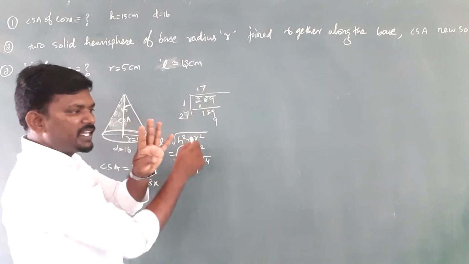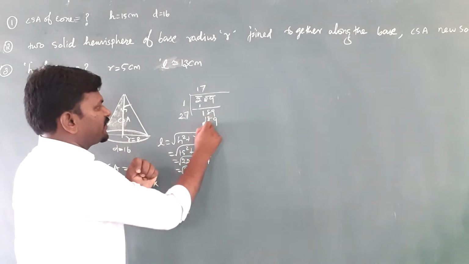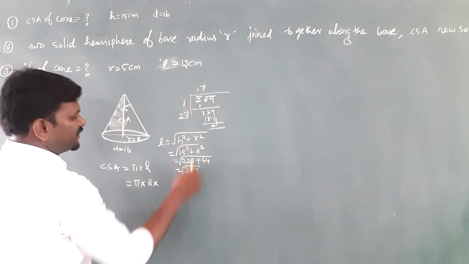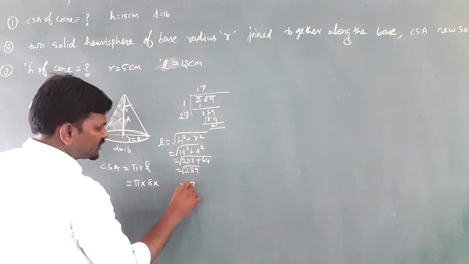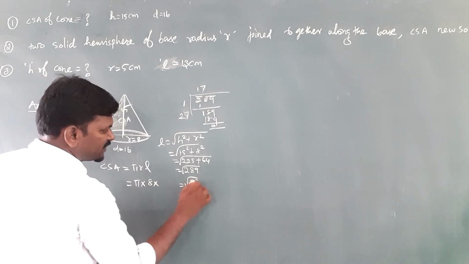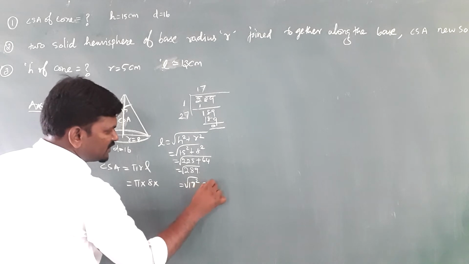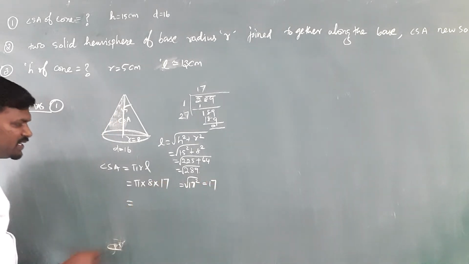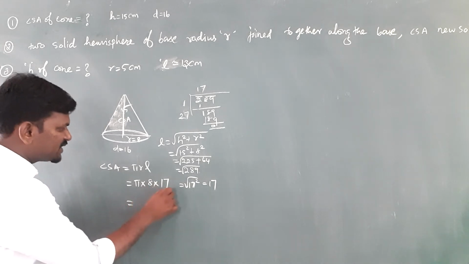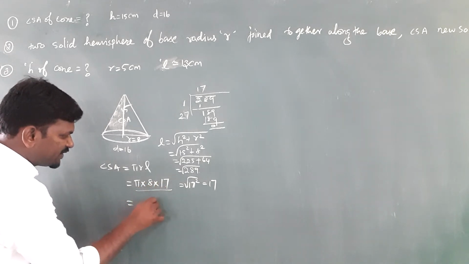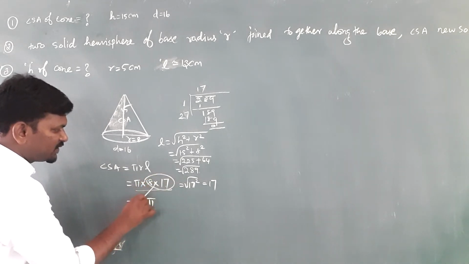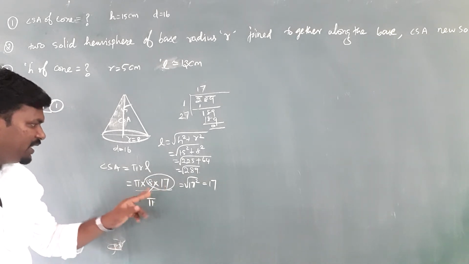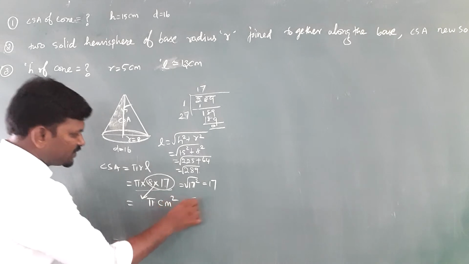7 2s are 14, 14 plus 4, 18. So, this is 17. So, the square root of 289 is 17. L is equal to 17. Then we have to multiply pi into 8 into 17, in centimeter square.